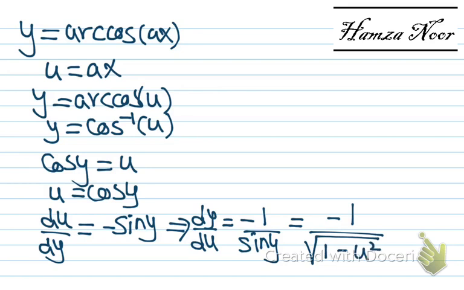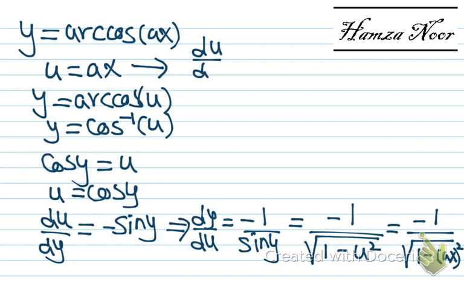Alright, but u is equal to ax, the initial substitution, so minus 1 over under root of 1 minus ax, the whole thing squared. And one more thing, since u was equal to ax, du over dx will be equal to a.